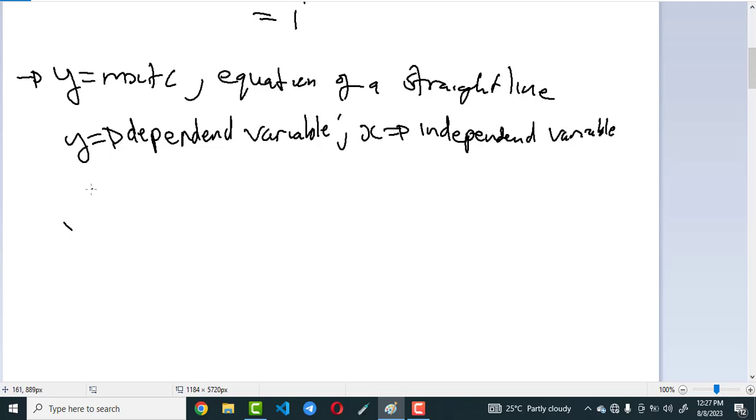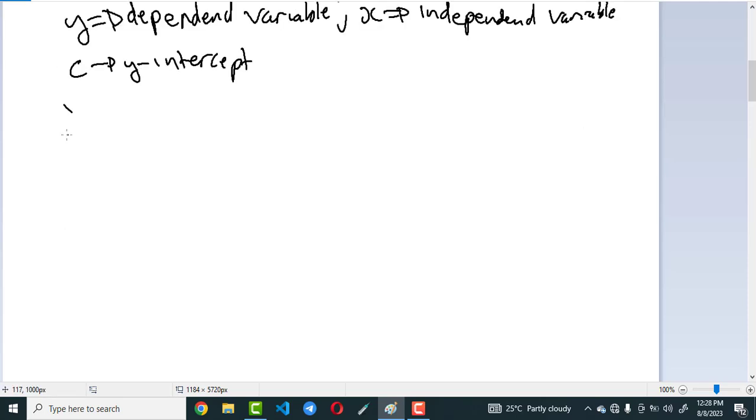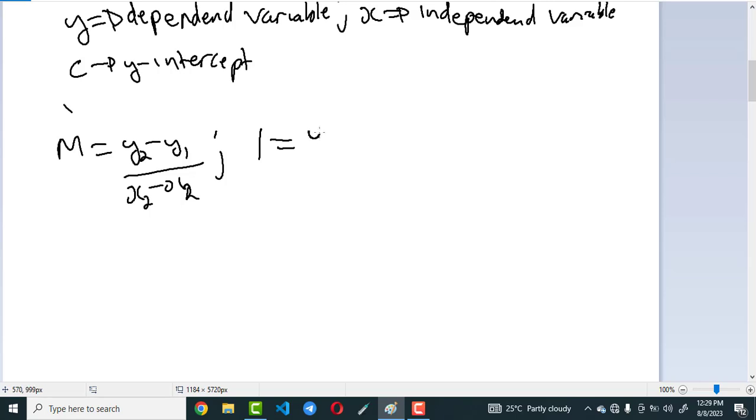Now we have y, x, and c, where c is the y-intercept, where the graph cuts across the y-axis. To find the equation of the line, we still use our formula, m equals y2 minus y1 all over x2 minus x1, but now we choose one pair of the coordinates. We are going to use 1 and 2. So we say 1 equals y minus 1 over x minus 2.